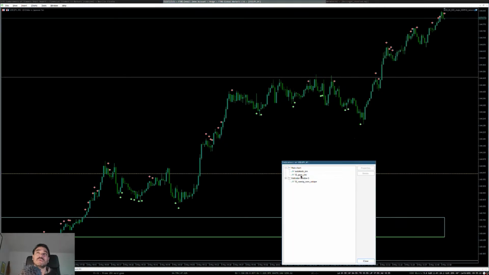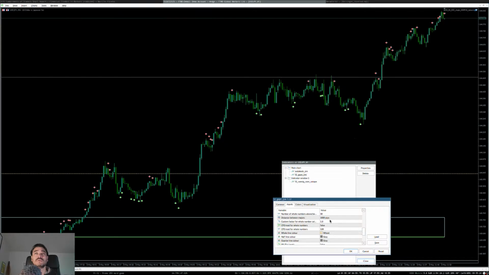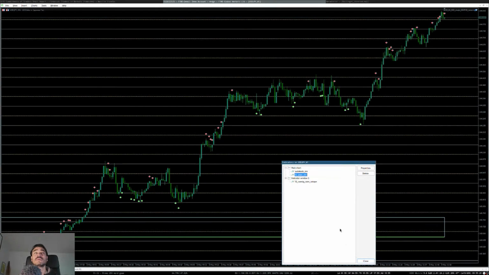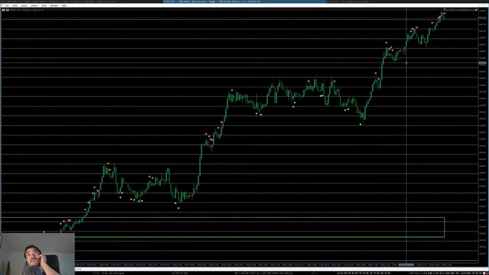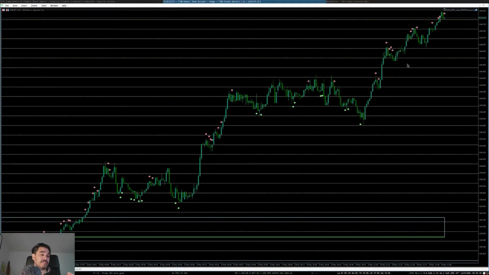Let's do something here as well, which I like to do. Switch to the 100 pip mode. Okay, so these whole numbers now represent 0.4, 0.5, 0.6. Obviously on the yen, it's slightly different scale to the 5 decimal point ones.